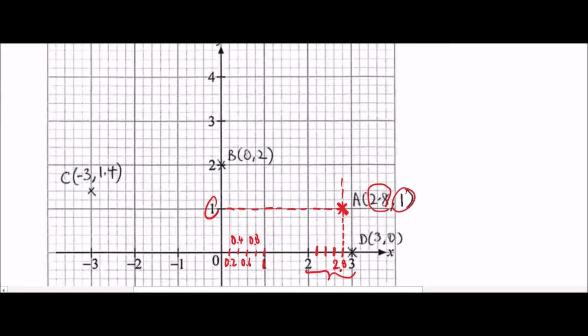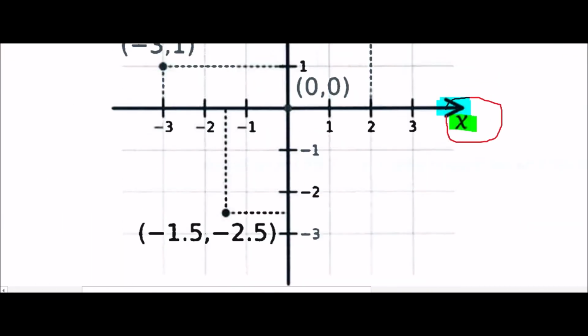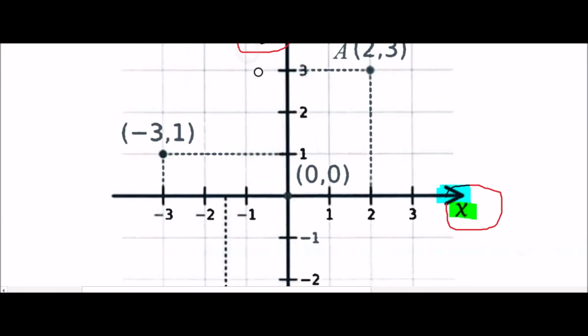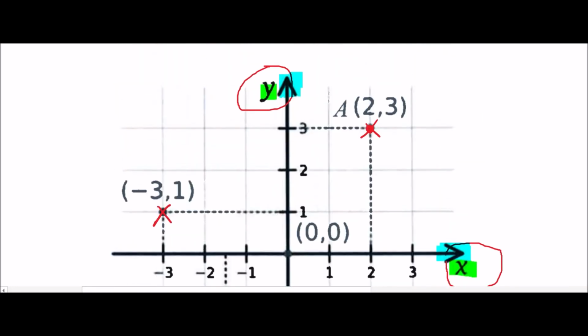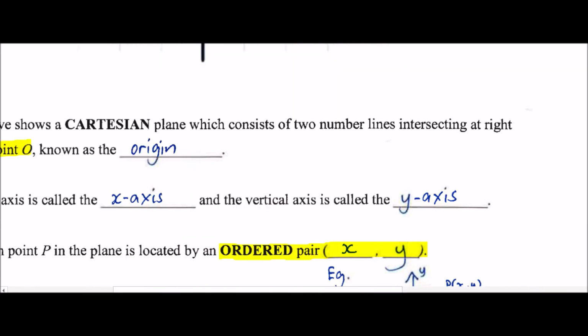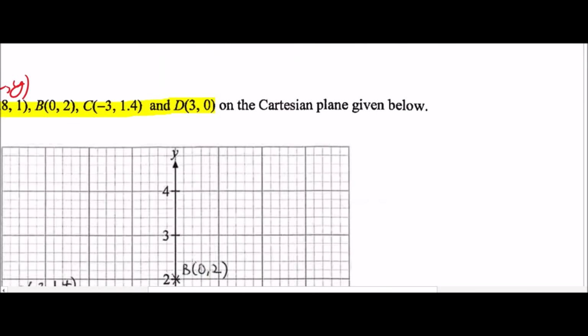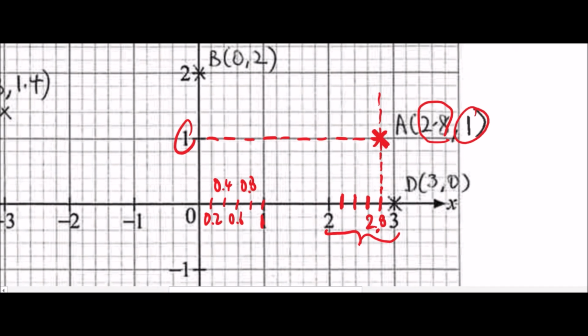I know that in the diagram above, they use dots to mark out points, but do not do that. You should instead be using crosses. Of course, not too big, not too small, just enough for the examiners to see. Once I'm done with marking out the cross, I will write out A, bracket, 2.8 comma 1 to tell the examiner or anyone reading that this point is point A and it has coordinates of 2.8 and 1.